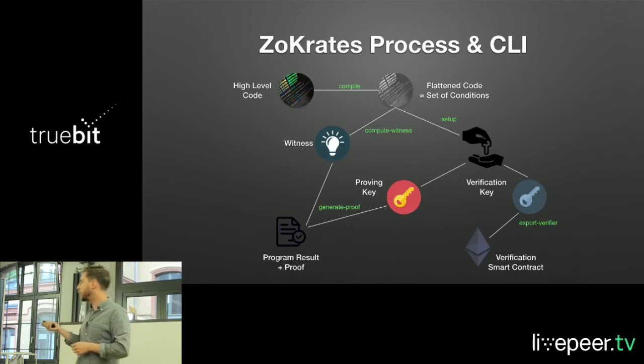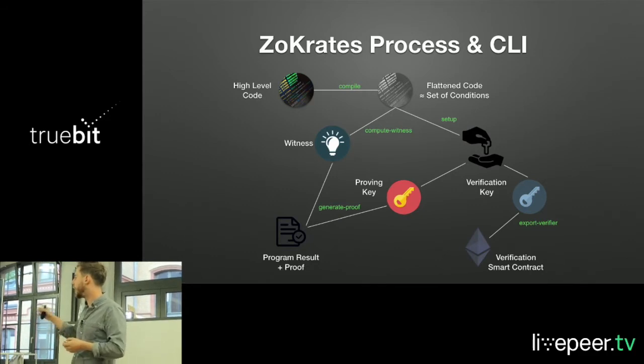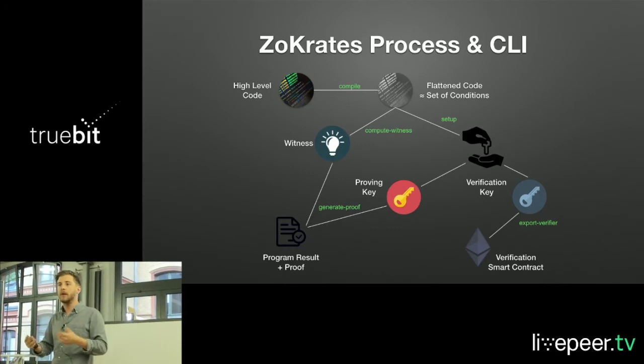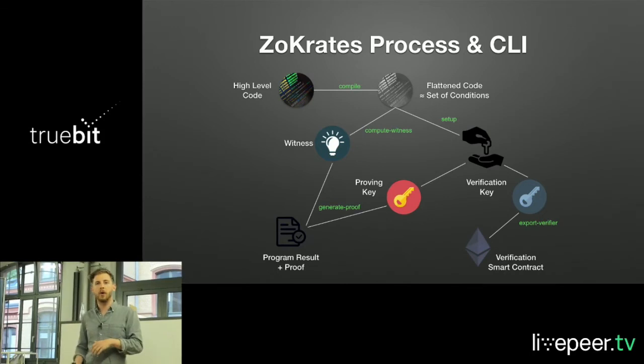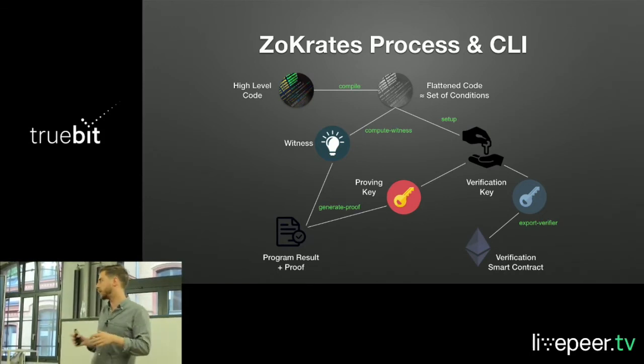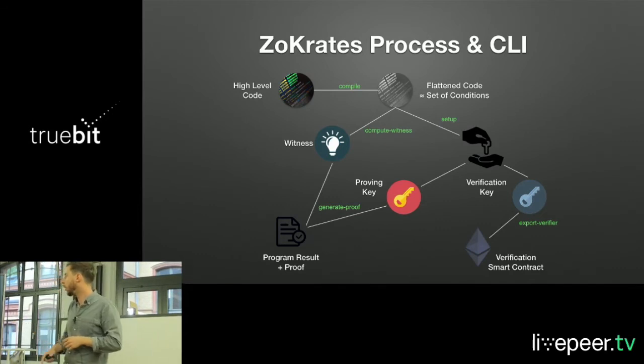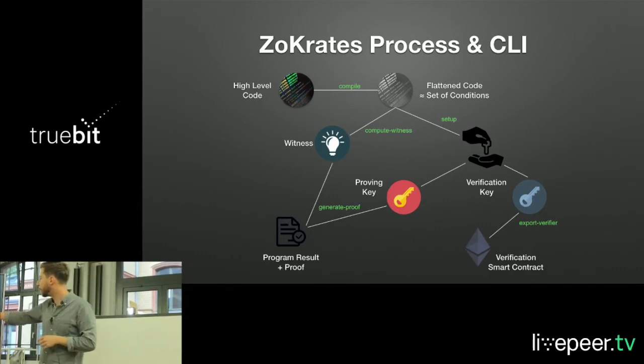You can then do a setup phase based on that flattened code, which represents your off-chain computation, and that gives you a verification key and a proving key, which you can reuse for all computations that use the same high-level code. So if you have one program and different inputs, and you want to generate proofs for different inputs, you only need to do the setup phase once, and all you then need to do is reuse the proving key and the verification key.